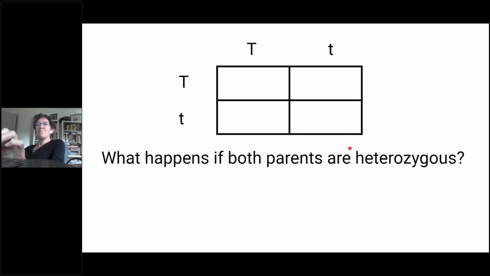What happens if both parents are heterozygous? There's one parent, capital T, lowercase t. Here's another parent, capital T, lowercase t, heterozygous. Both of these parents will have straight thumbs. That's going to be their phenotype because they have that dominant gene making them have a straight thumb. So let's see what happens.